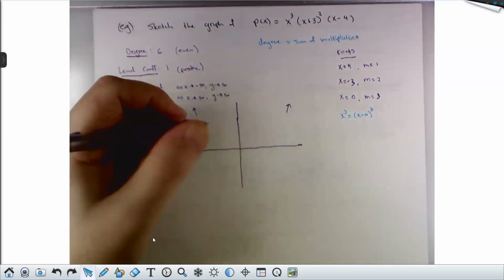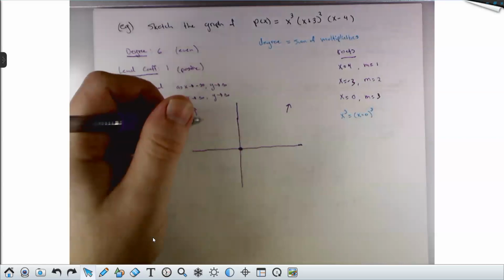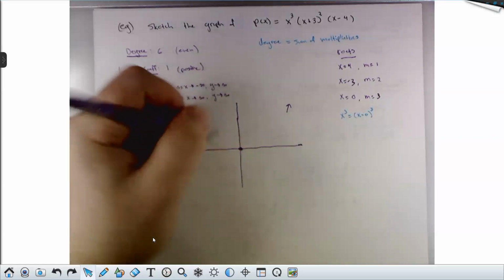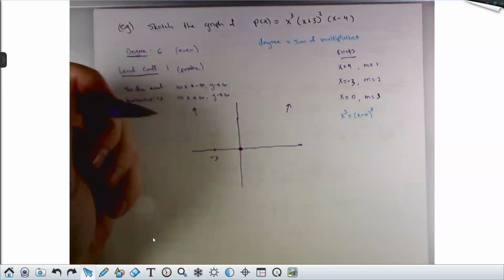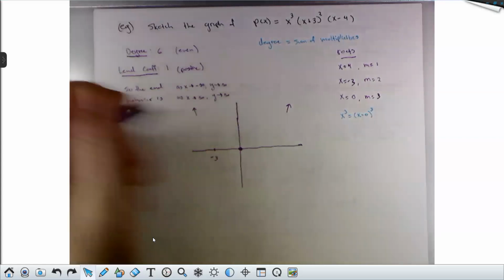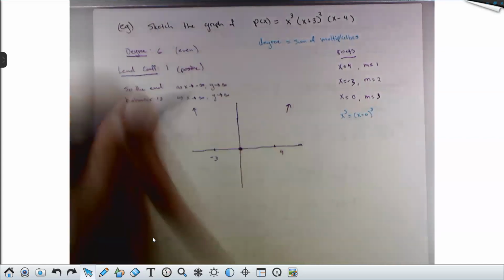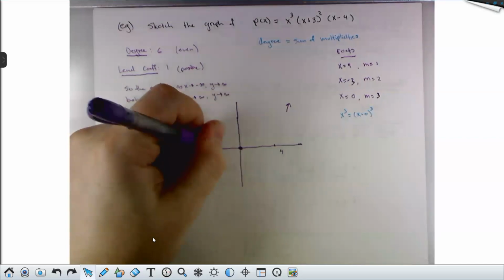All right, so here's what we do. We take these roots and we plot them, right? One of them is here at 0. One of them is over here at -3. And one of them is over here at 4, right? Now, this is why you need the end behavior and the local behavior near the roots.